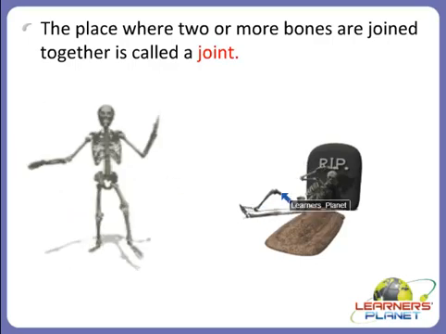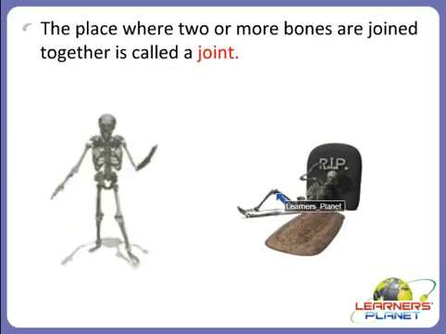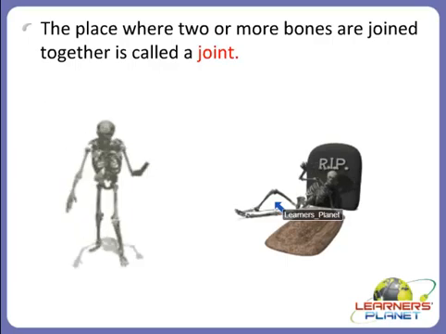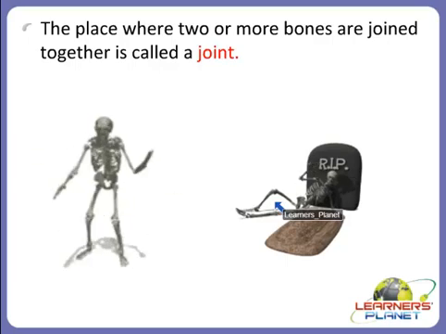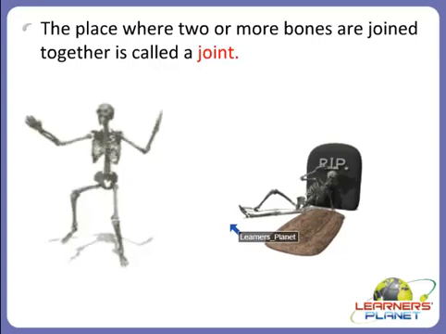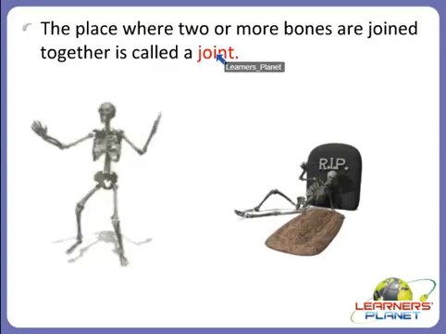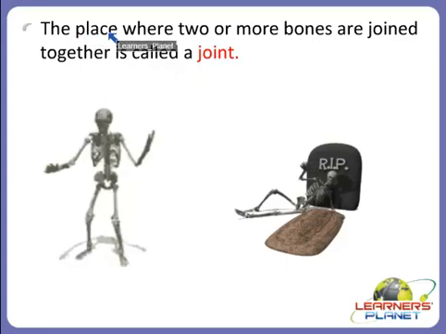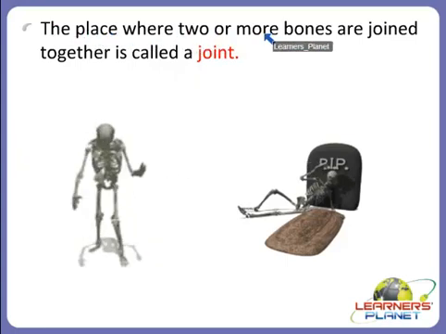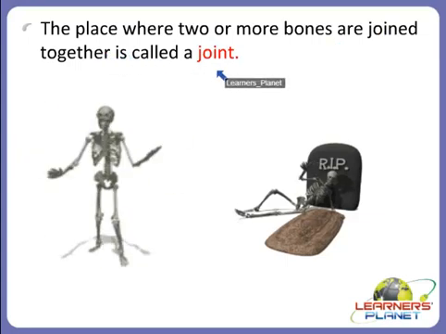So the body can bend itself around the joint. So children, did you get it? What is a joint? The place where two or more bones are joined together and can bend itself is called a joint.